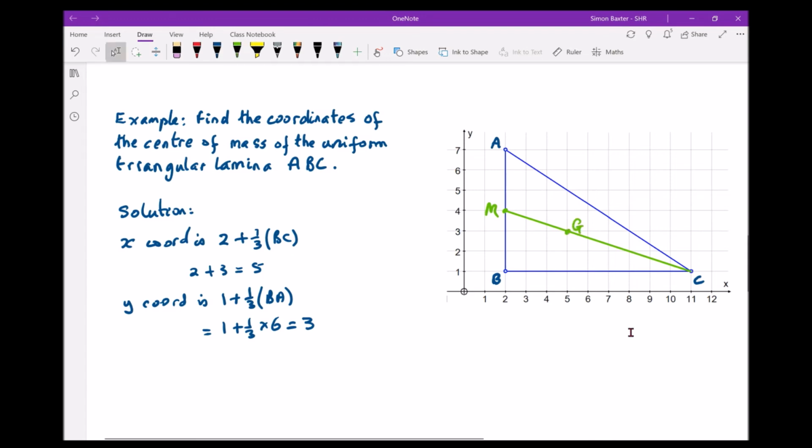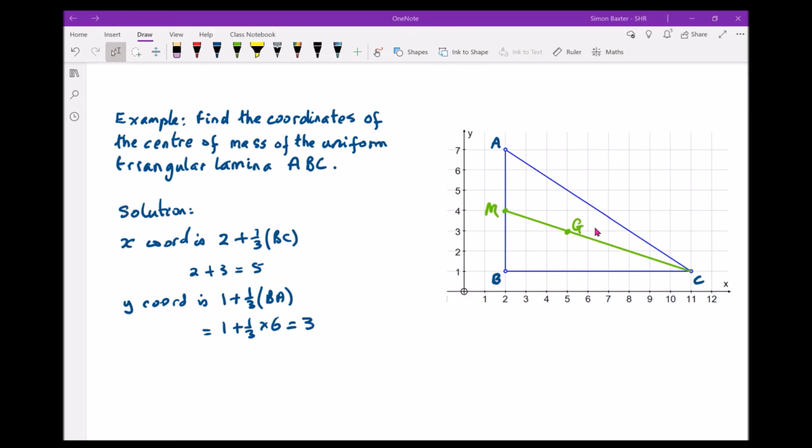Does that make sense? Is that 1/3 of the way along the median? Well, if we go from M to G, we go along 3, down 1.